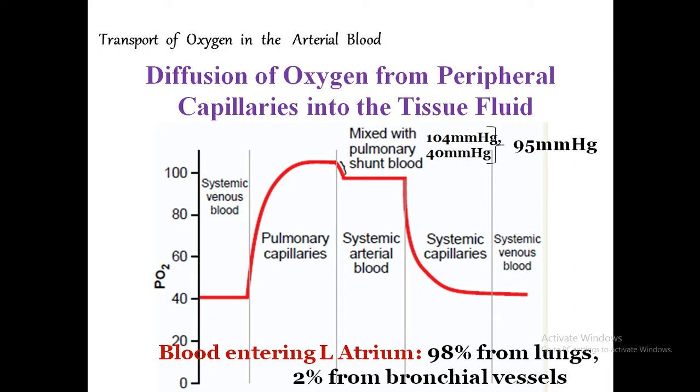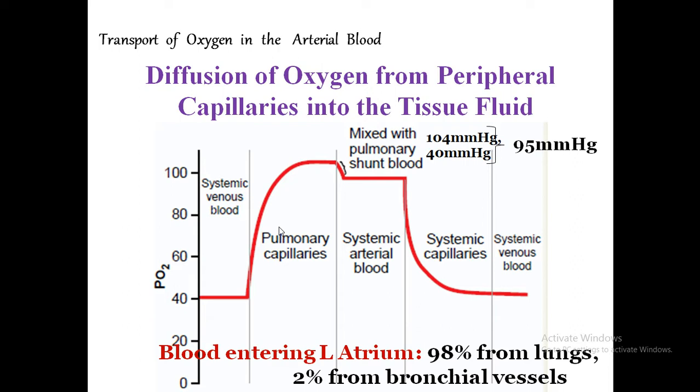So we have discussed the partial pressure changes in the blood which occur at the alveolar level. Then what happens when this blood enters the left atrium? From the left atrium, the blood goes to the left ventricle. From the left ventricle, through the aorta, it is supplied to the whole of the body.